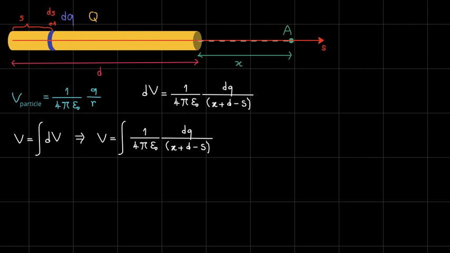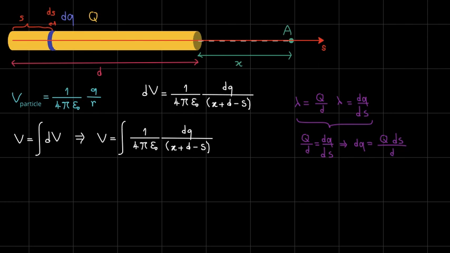So next, let's come up with an expression for dq in terms of s and the given variables in this problem. In order to do this, let's use the idea of linear charge density. Linear charge density is defined as total charge divided by total length, and we use lambda to represent linear charge density. So lambda is equal to capital Q divided by d.